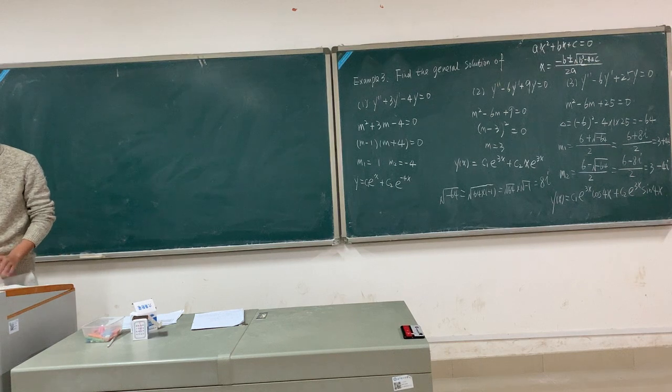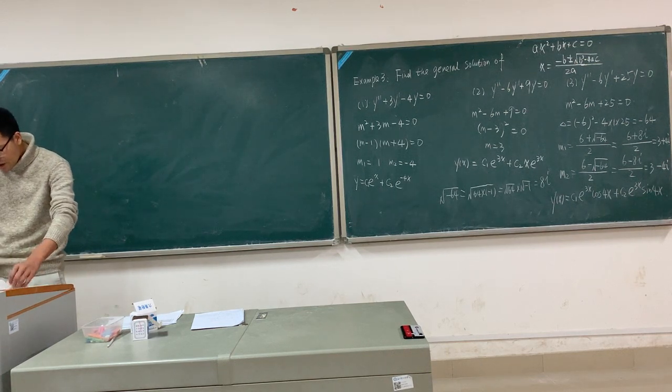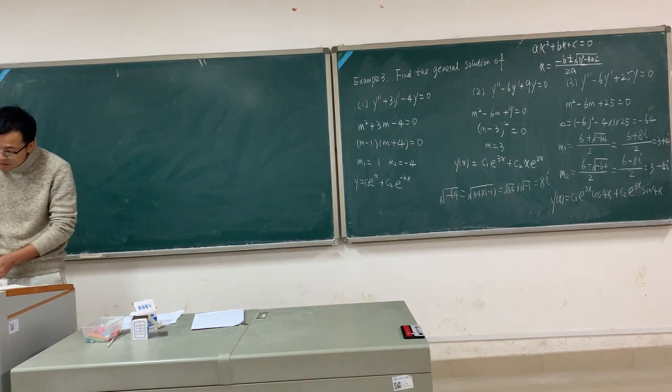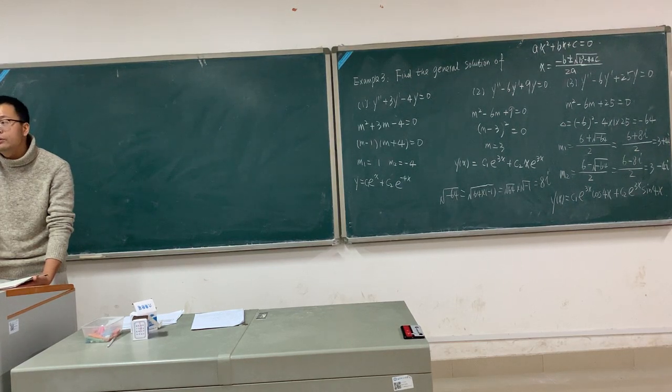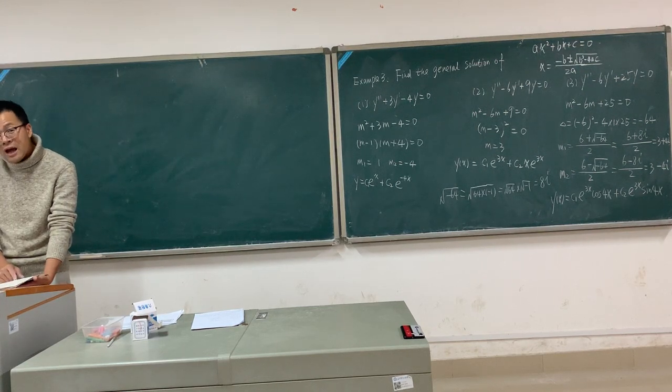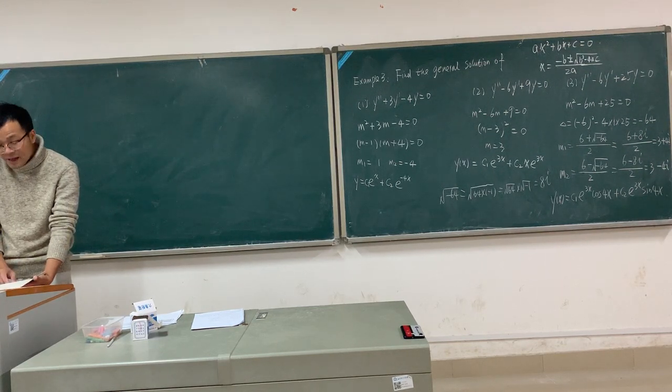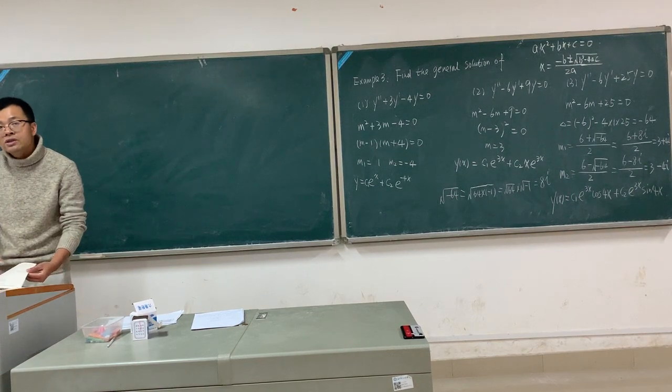So the important point of chapter 9 is the table on page 432. So I think that you should remark it, okay? Page 432, the table. This is the first.